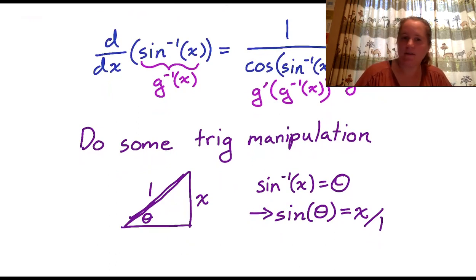So at this point, we could then solve for the missing side. So we know that this is something squared plus x squared equals 1. And so that something would have to be the square root of 1 minus x squared.